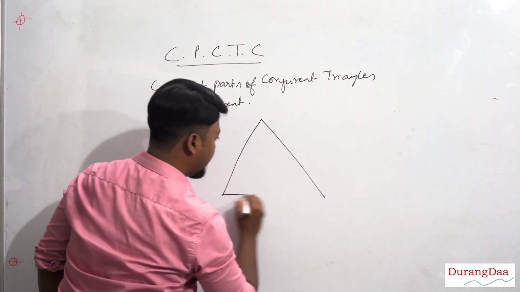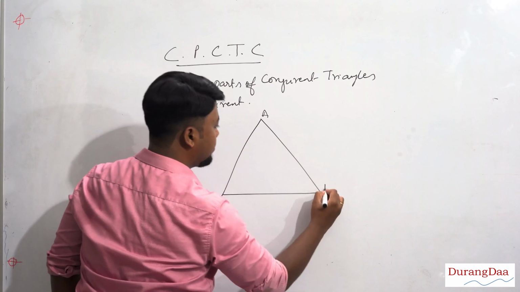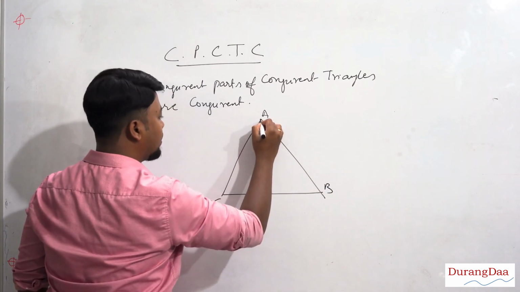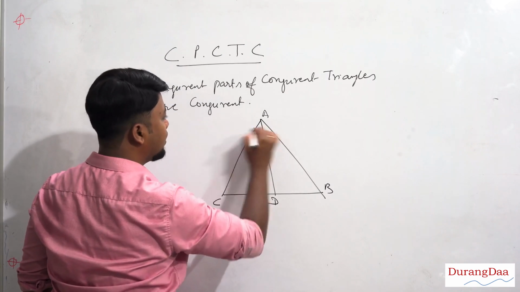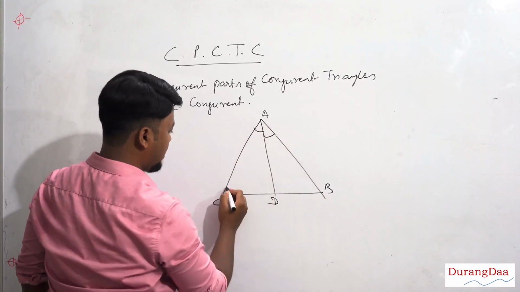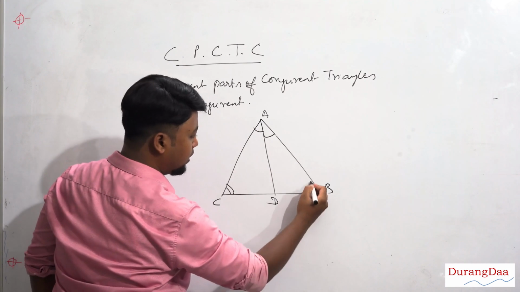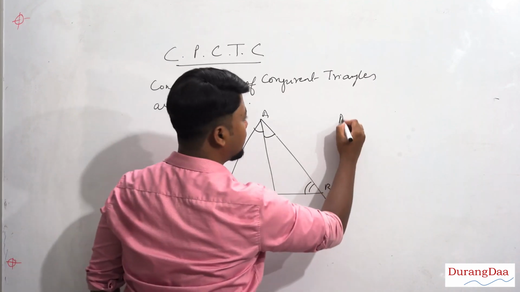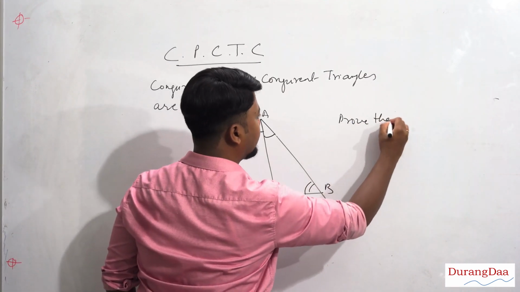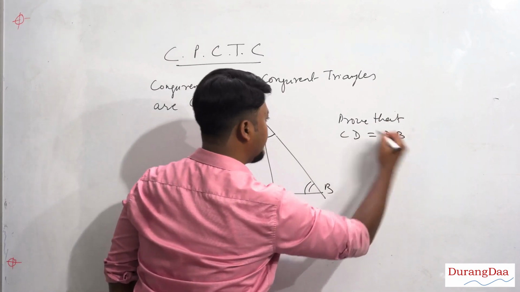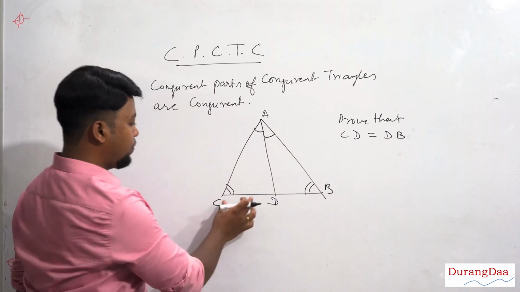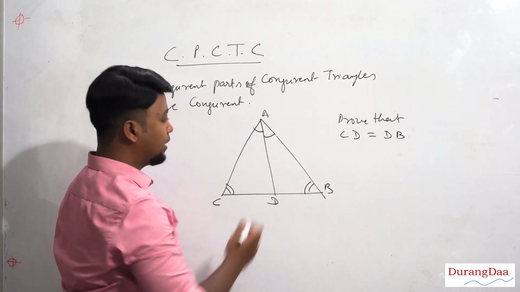Suppose this is one triangle here, triangle ABC, and there is one line here, AD, and it is given that this angle is equal to this angle and this angle is equal to this angle. And suppose the question is prove that CD equals DB. So let's start.